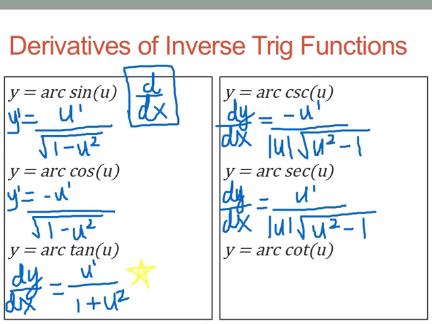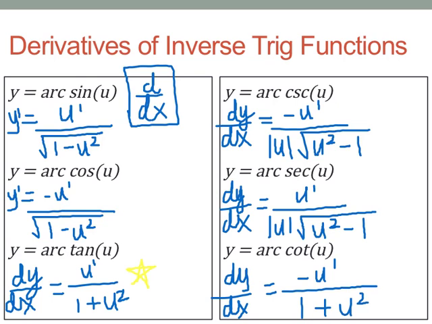Finally, the derivative of arc cotangent, or the inverse of cotangent derivative, is negative u prime divided by 1 plus u squared. So this one is very similar to arctangent, it's just the negative u prime.